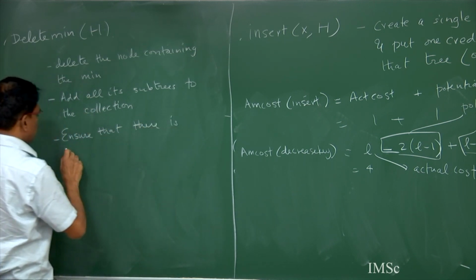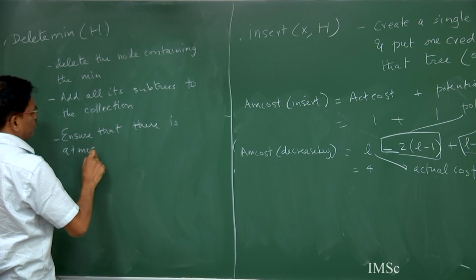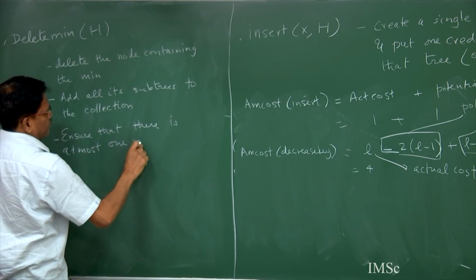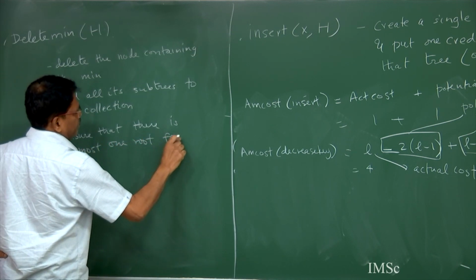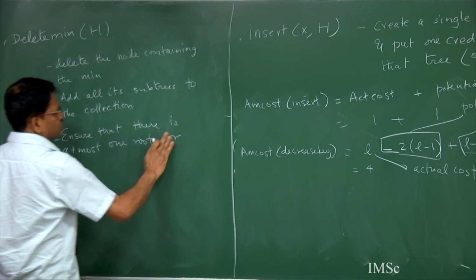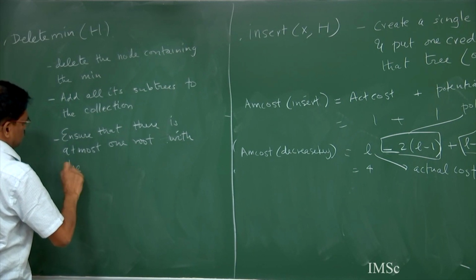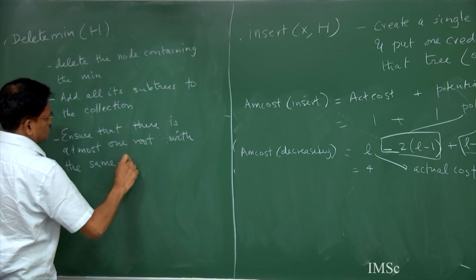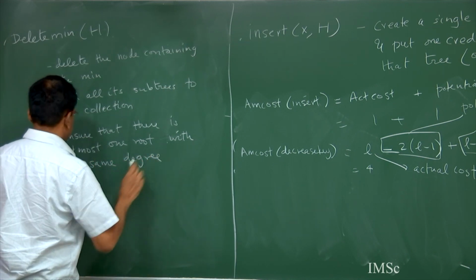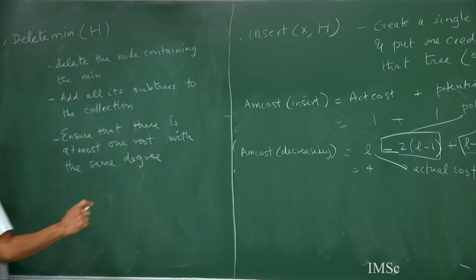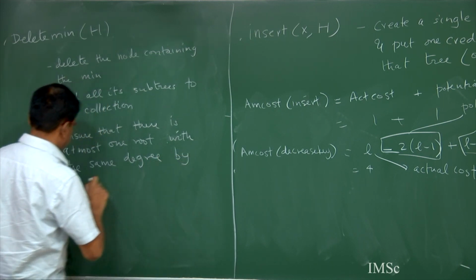There is at most one tree of each degree, by linking trees.